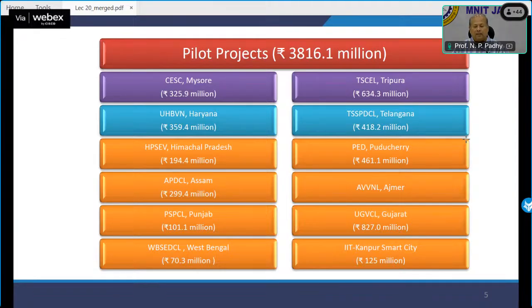The projects include CESC Mysore, UHBVN Haryana, Himachal Pradesh, Assam, Punjab, West Bengal, Tripura, Telangana, Pondicherry, Ajmer, Gujarat, and the IIT Kanpur Smart City proposals. These were the initial investments brought by the government to different pilots.